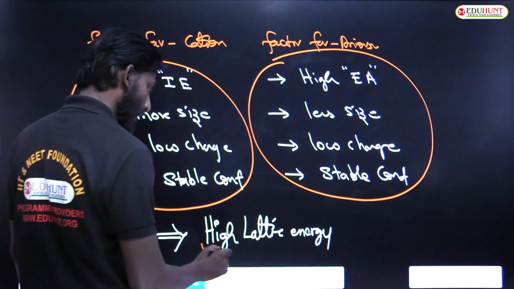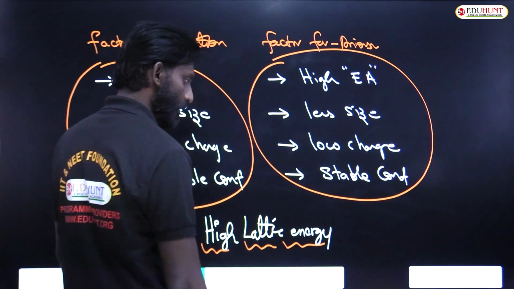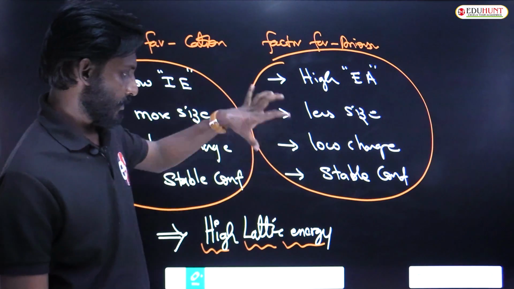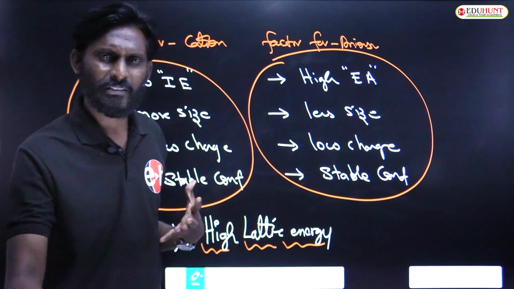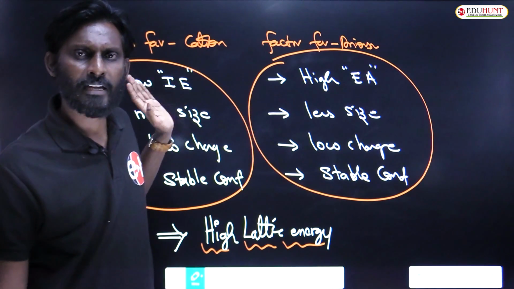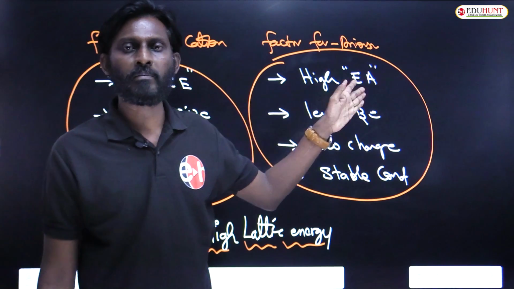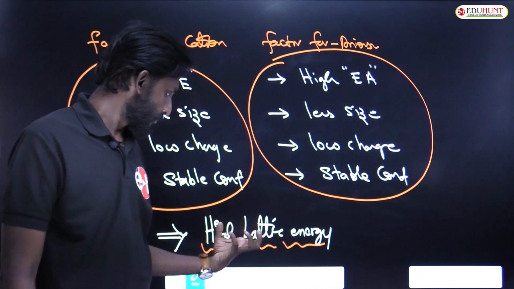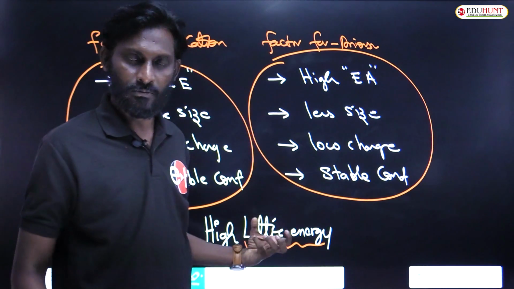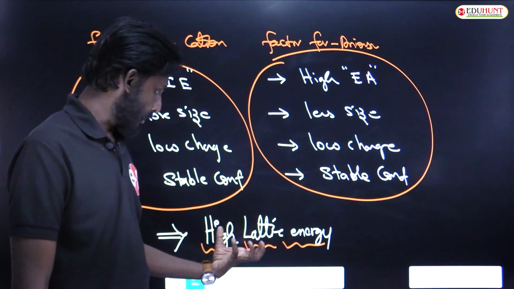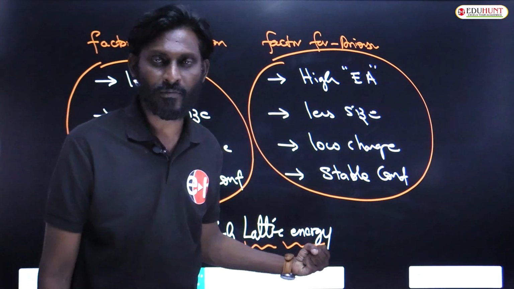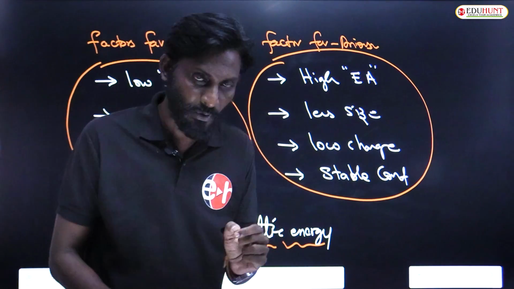You can call it lattice energy or lattice enthalpy. So these are the three factors: factors favorable for cation formation, factors favorable for anion formation, and the conditions favorable for high lattice energy. Then let us discuss what is lattice energy.